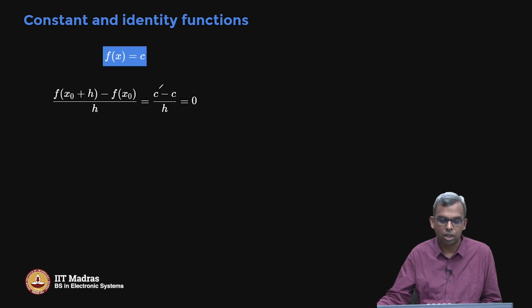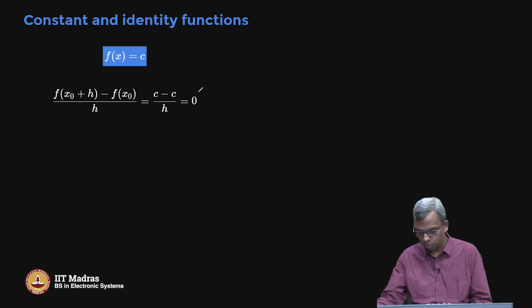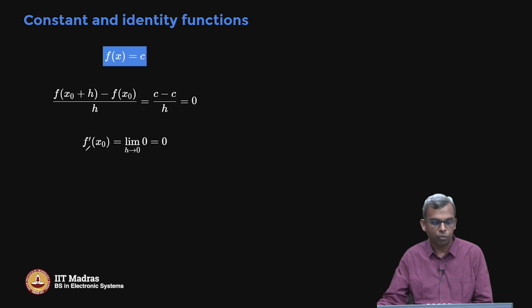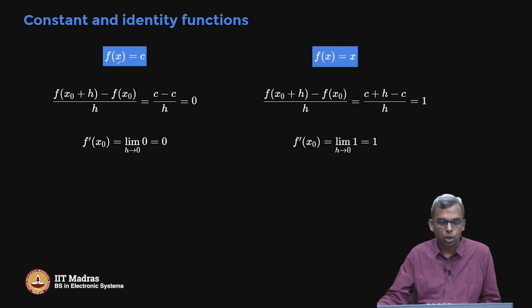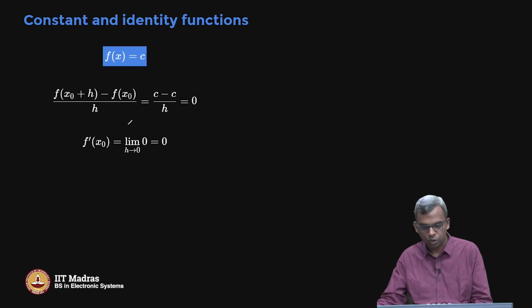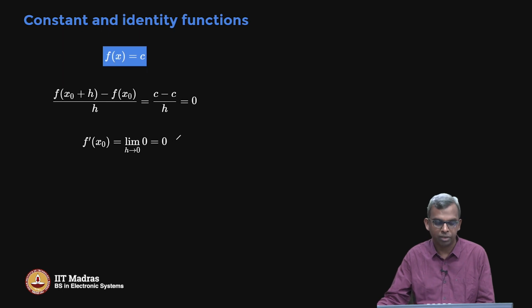What is f of x naught? That is also c. So c minus c divided by h, and that goes to 0. And now you can take limits on both sides and you will get f prime of x naught is this limit, which is simply 0. Okay, so you see for the constant function the derivative is 0. Very quick and easy derivation.